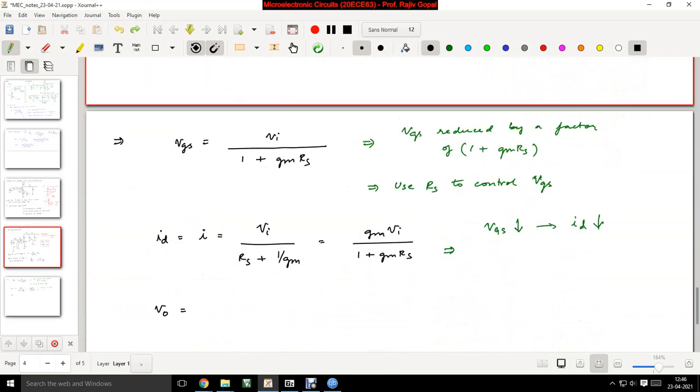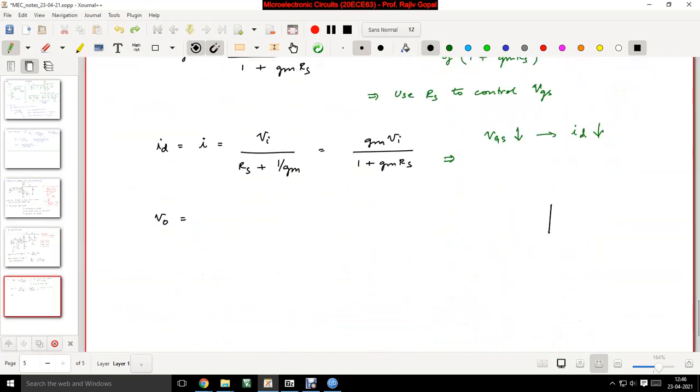Current is flowing through RD parallel RL, and this is where you are measuring V naught, plus minus V naught, and the current is flowing like this. So obviously the current is in the opposite direction. So V naught will be minus ID into (RD parallel RL).